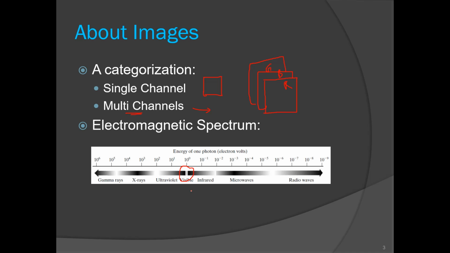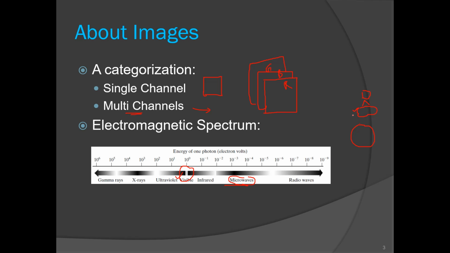Why do we capture images in different bands? Suppose you are taking an aerial image and clouds are present. If you take the image in the visible band, that place will be occluded by the clouds, right?